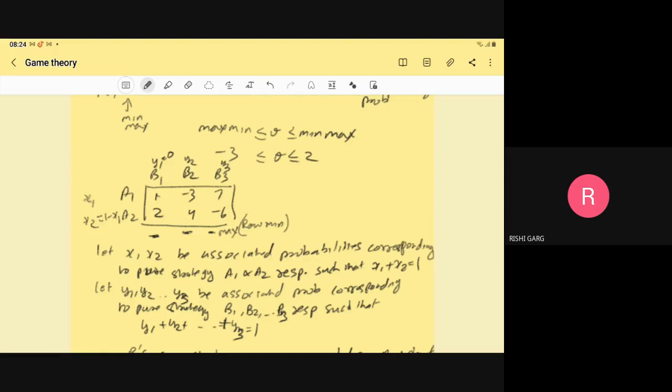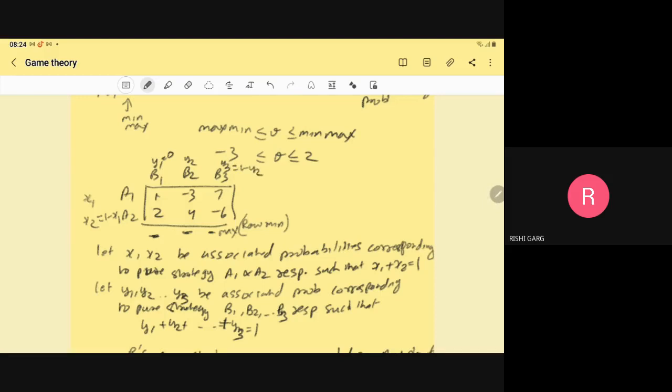As we take Y1 as 0, and we know that Y1 plus Y2 plus Y3 is equal to 1, this implies that Y2 plus Y3 is equal to 1, or you can say Y3 is equal to 1 minus Y2.